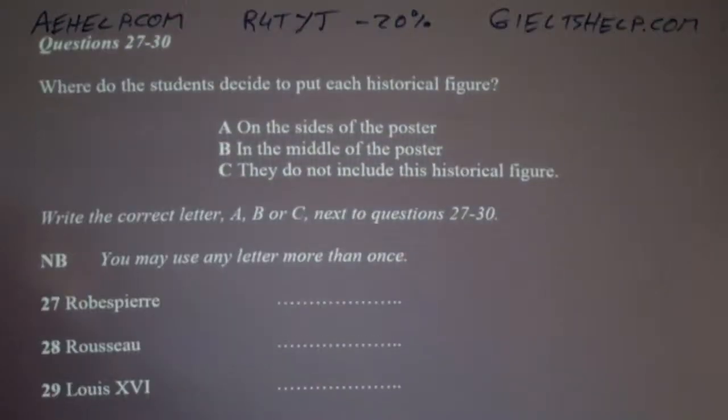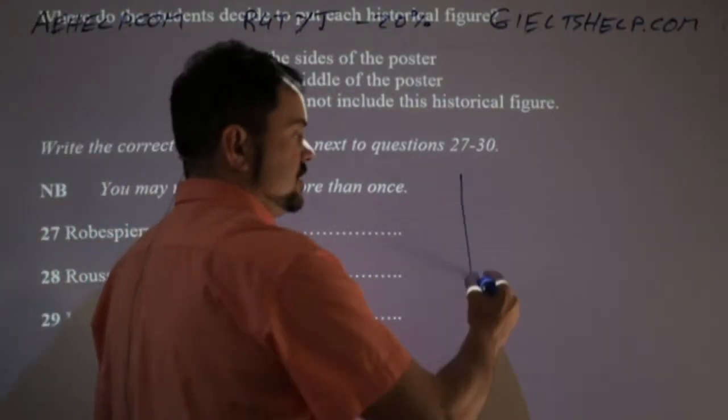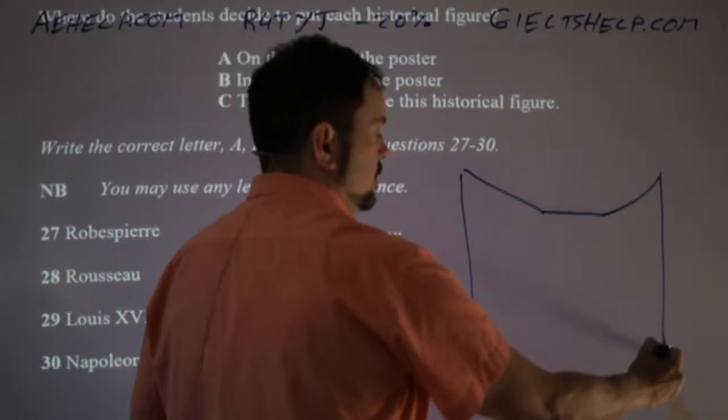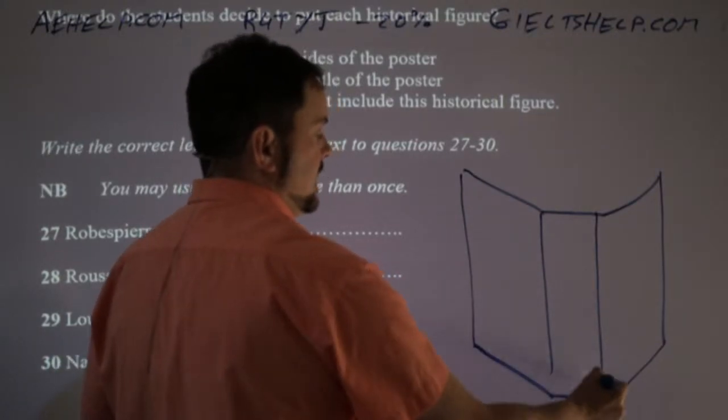Okay, and then the last question was a very visual question. So they're talking about their poster board project. And poster board projects are very common in high school and university to do presentations. You basically have this kind of a poster that has 3 sides. It can stand on a table.